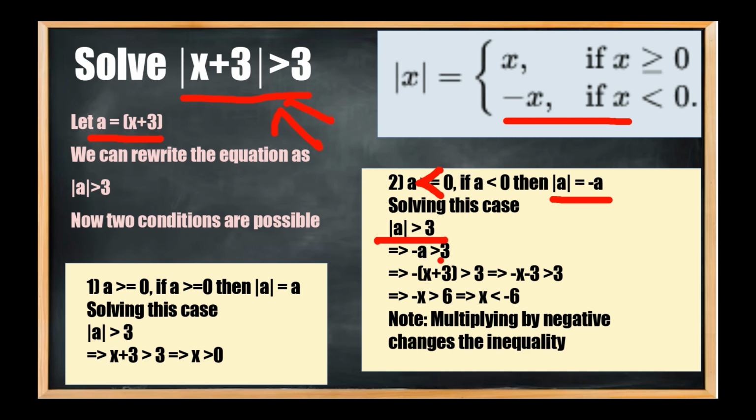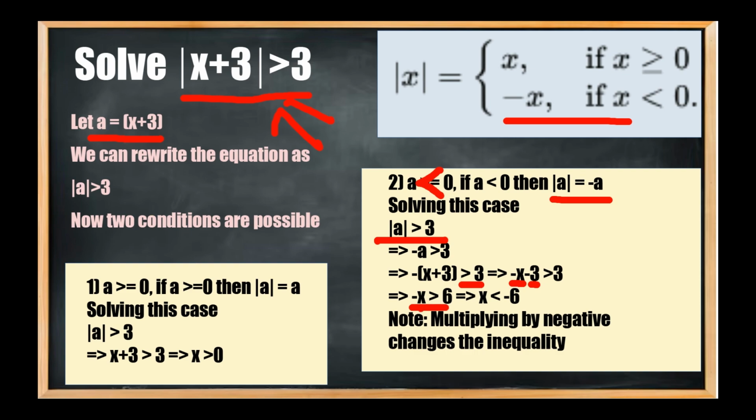We know that the absolute value of a is greater than 3, and because a is a negative number, we have to write minus a is greater than 3. Substituting x plus 3 instead of a, the negative of x plus 3 would be greater than 3. Now you have to solve this. It will become negative x, negative 3 is greater than 3. If you solve this, it will come to negative x is greater than 6.